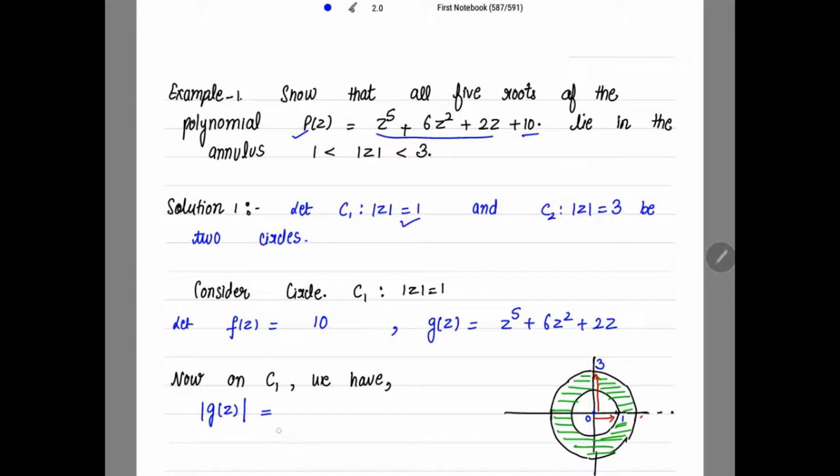So let's check |g(z)|. This is |z^5 + 6z^2 + 2z|. This is further less than or equal to |z|^5 + 6|z|^2 + 2|z|, right? This is equal to, now because we are considering the circle C1 and it is given that |z| = 1, put |z| = 1 over here. You get 1 + 6 + 2.